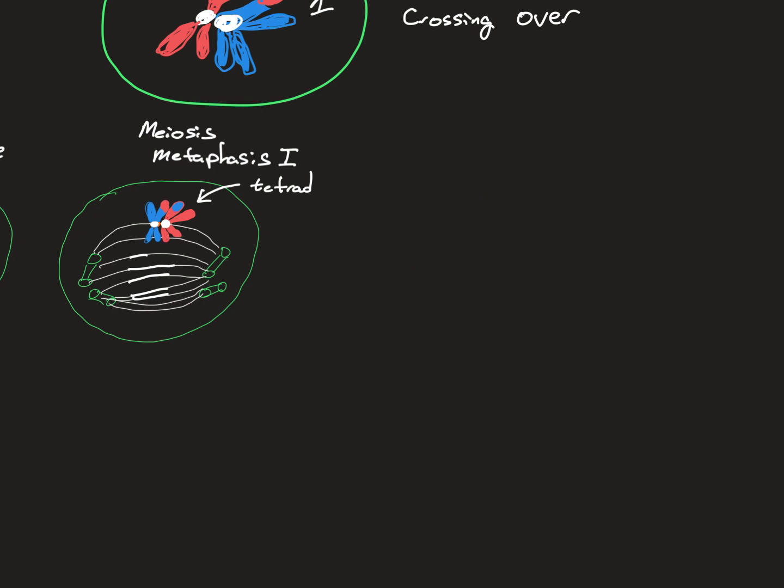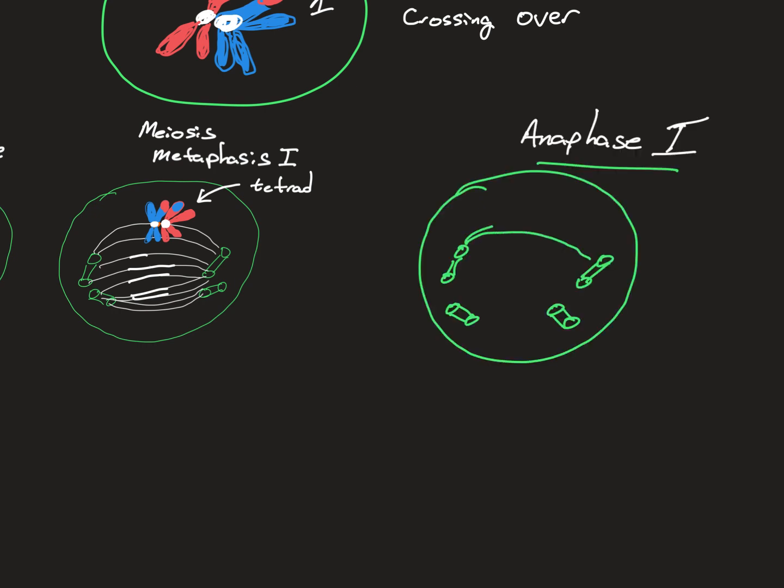In meiosis, you're separating the pair. So here, as the kinetochore drags on, it's going to pull this pair. They're still stuck together. Do you see that? They're still moving together.